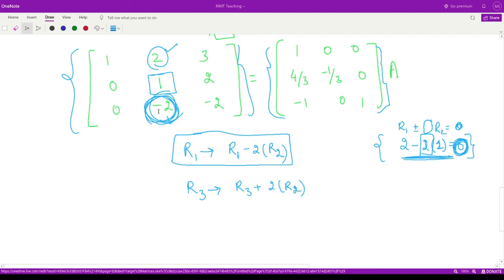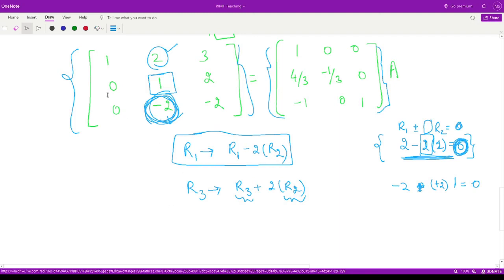Why? Because you see we have minus 2. In order to make this plus or minus something into 1 equal to 0, what should I write here? I should write plus 2 in order to make this element 0, right? So this is exactly what I am doing, R3 plus 2 times R2, right? These two operations we will apply simultaneously.